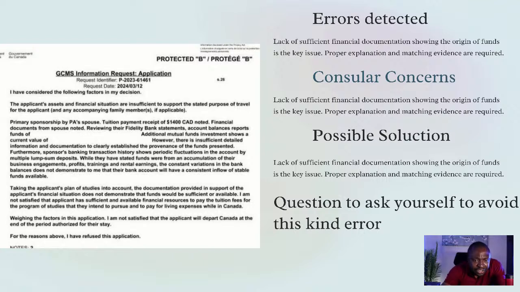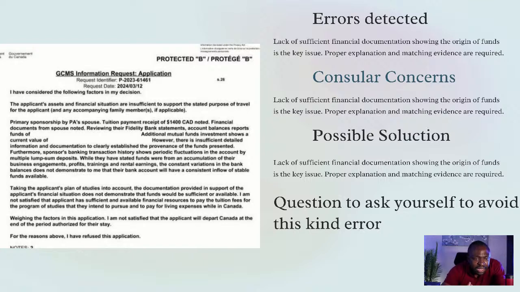The constant variation in bank balance does not demonstrate to me that their bank account will have a consistent inflow of stable funds available. Taking the applicant's plan to study, the documentation provided in support of the applicant's financial situation does not demonstrate that funds would be sufficient or available.